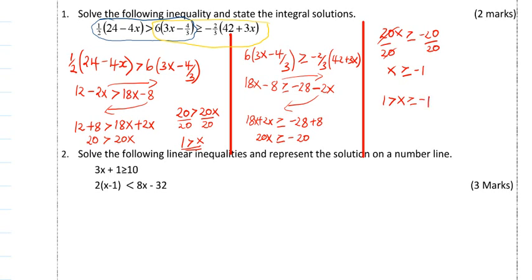So these are the integral solutions of that linear inequality, and you can write your solutions as 0 and -1. -1 is inclusive in this linear inequality. That becomes your answer.